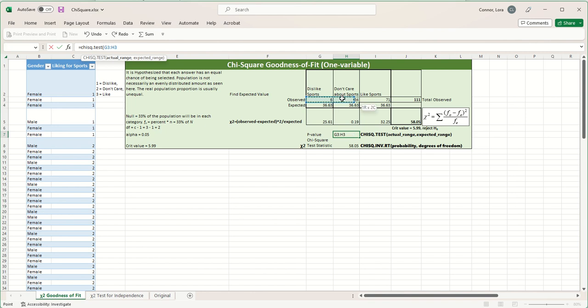We would highlight the actual range, then put a comma, highlight the expected, close parentheses, and hit enter. And our p-value is far below 0.01 even.